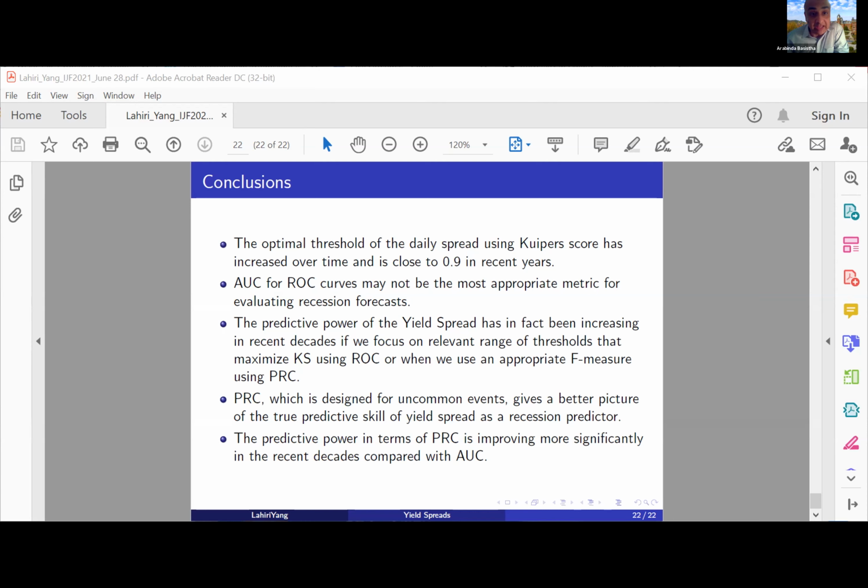I was thinking of that 2011, 2012 episode, that even if you think it's not a formal recession, there was widespread belief that it's bad. So any elaboration on that?